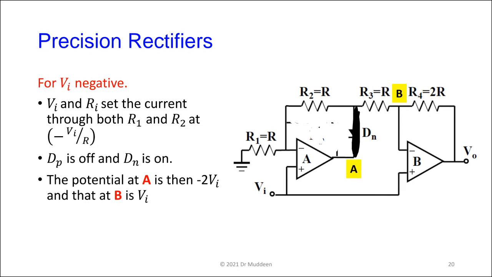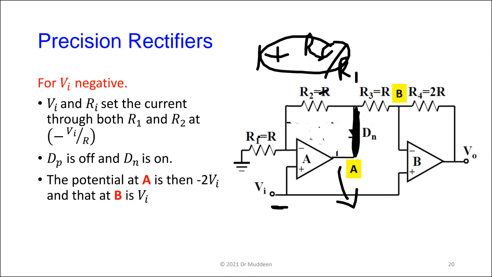Vn is negative. This is a non-inverting amplifier. So what would be the voltage at point A? If it's a non-inverting amplifier, the gain is 1 plus Rf over Rn. Because the two of them are equal, that's a gain of 2. So if I have minus something coming in here, I'm going to have minus 2V in here. Understood that? Right, okay.